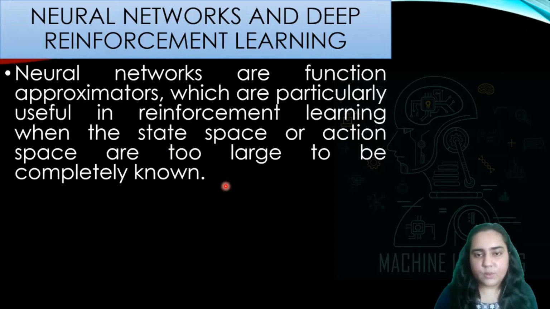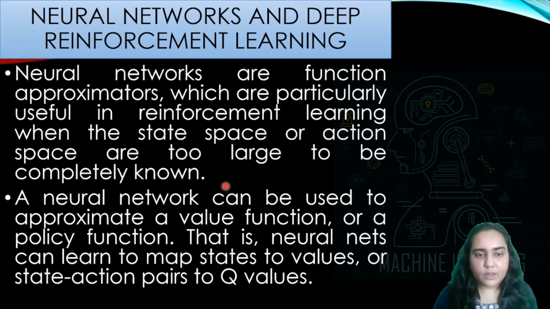Usually the states and actions are finite, but if you have a huge state space and action space and you don't know it completely, then you could use neural networks to do approximations. A neural network can be used to approximate a value function or a policy function. That is, neural nets can learn to map states to values or state-action pairs to Q values.